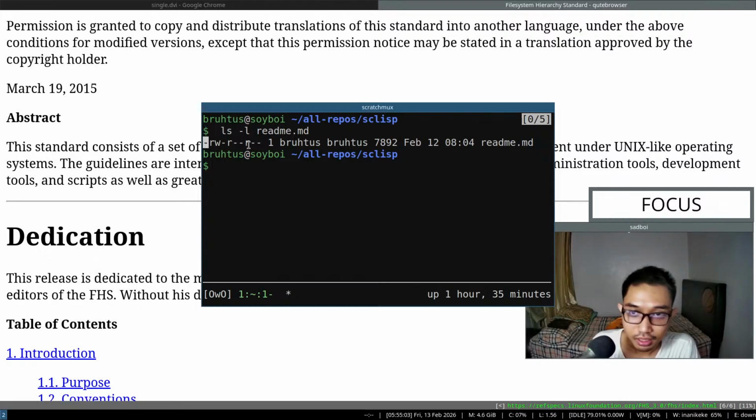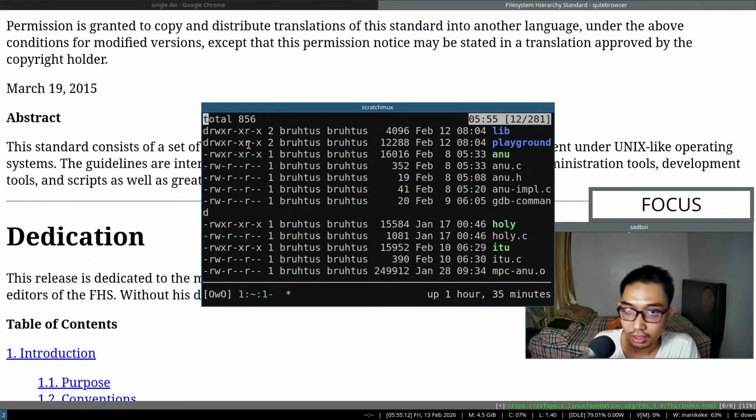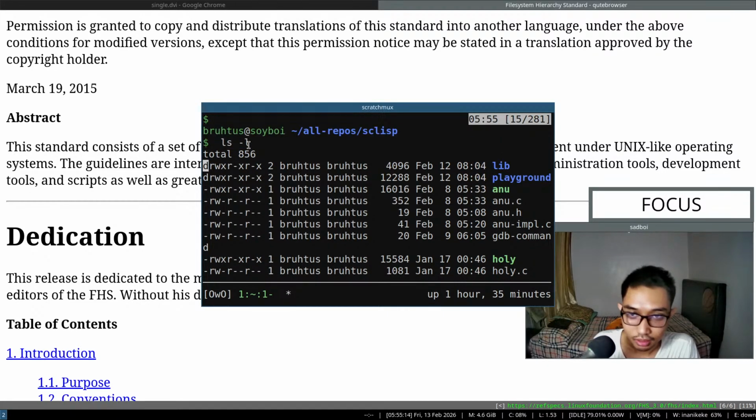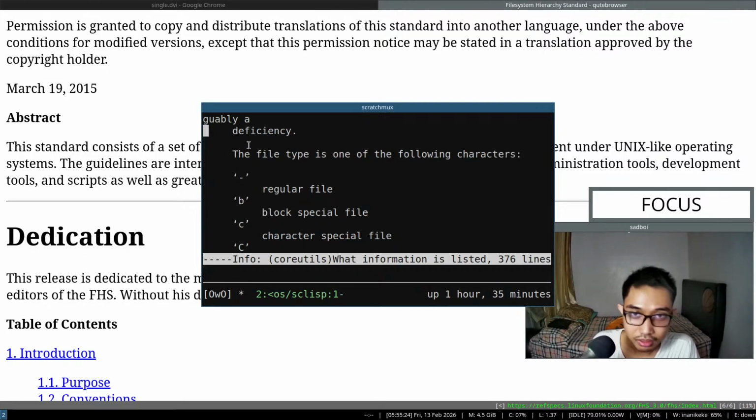If the beginning is D, for example, something like this, this is D. Then it is a directory file. So directory can be considered as a file, a special file, something like that.